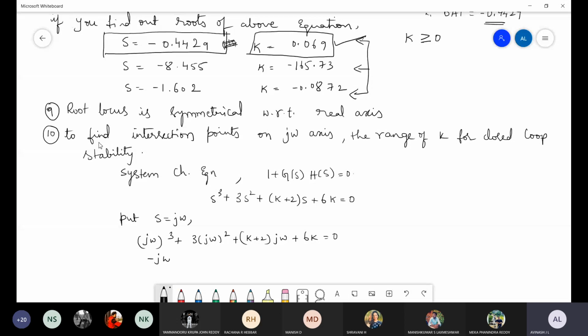So (j omega) whole cube equals minus j omega cube, minus 3 omega square, since j square is minus 1, plus (k plus 2) into j omega plus 6k is equal to 0. So this is the equation we got.